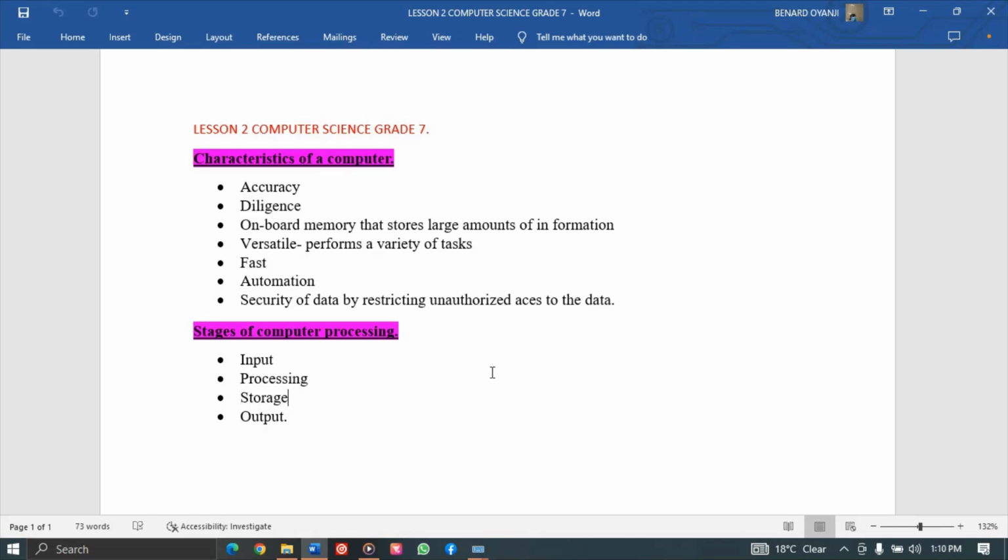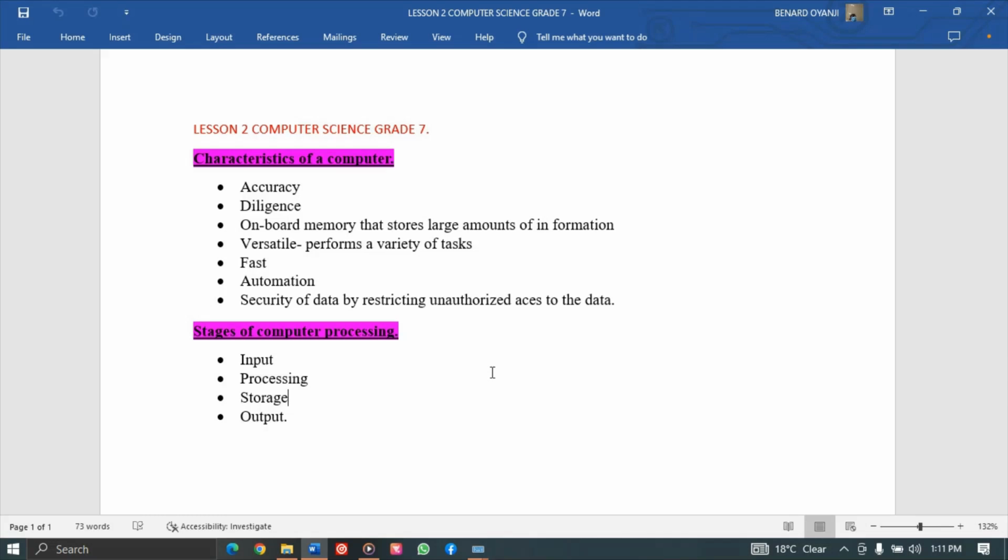So it can store in the form of KBs, in the form of MBs, which we call kilobytes and megabytes. We have gigabytes, terabytes, etc. So we shall talk more about the memory of a computer in another lesson. But for today, just know that a computer has a characteristic where it has storage devices that store large amounts of information.